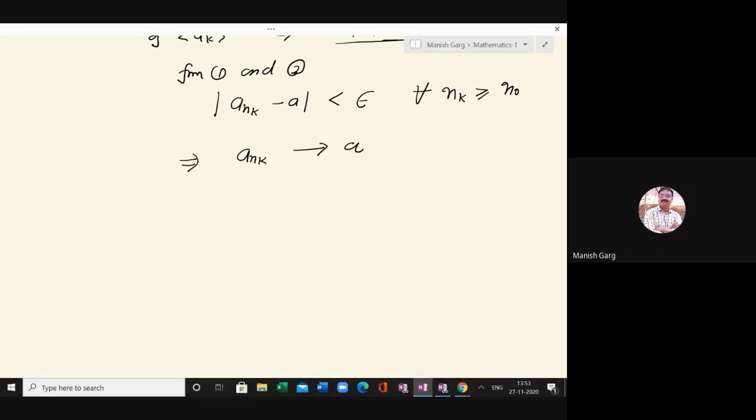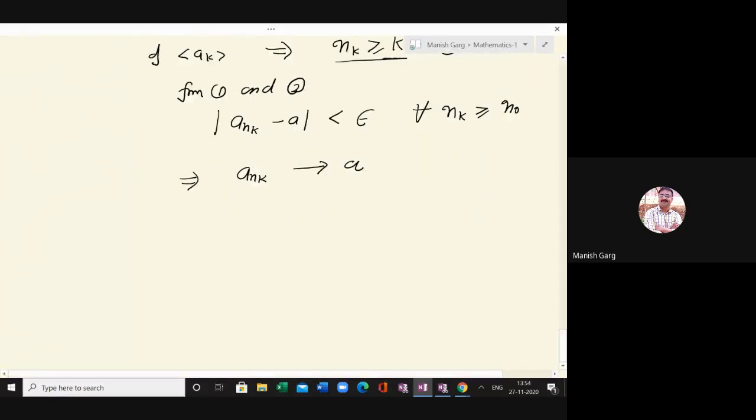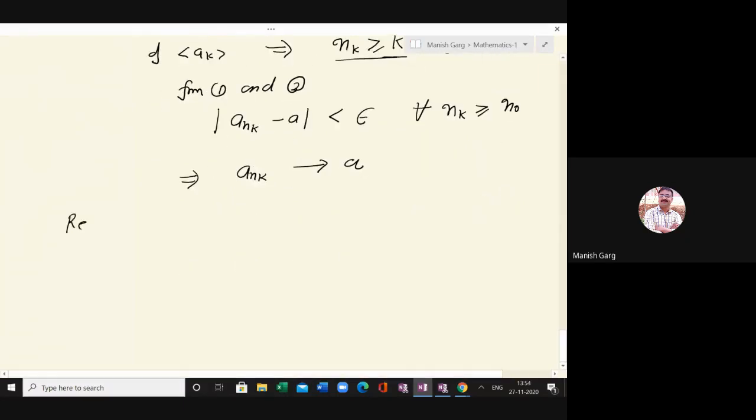Now, what is the meaning of this? If you have a sequence that converges, every subsequence will converge to the same limit. Now, I have a remark.